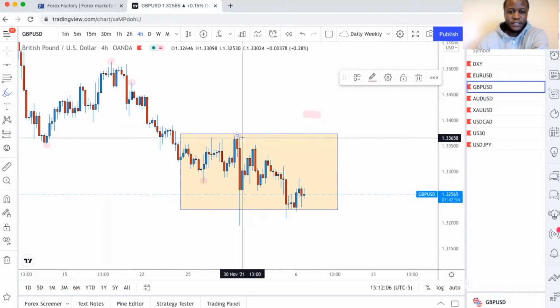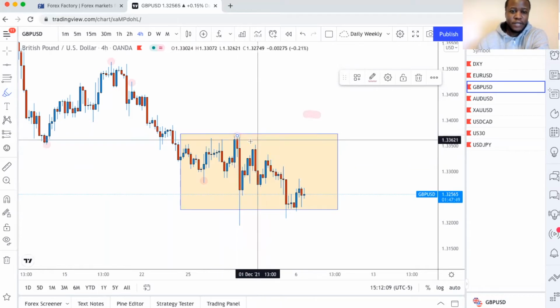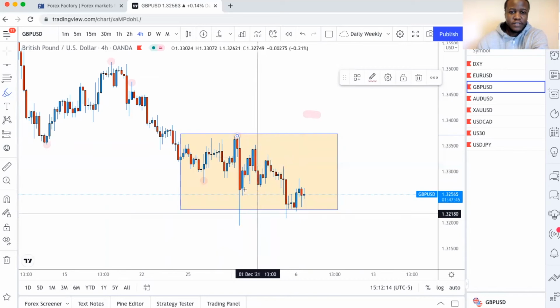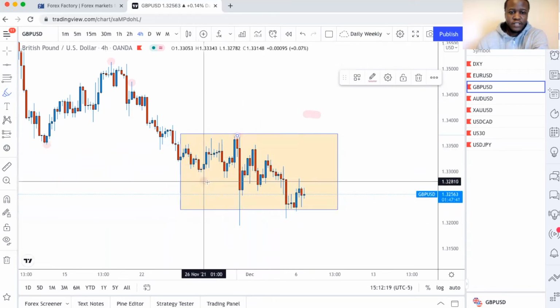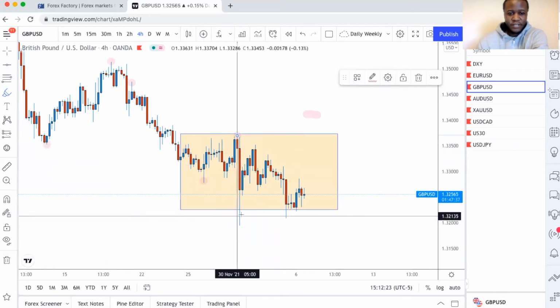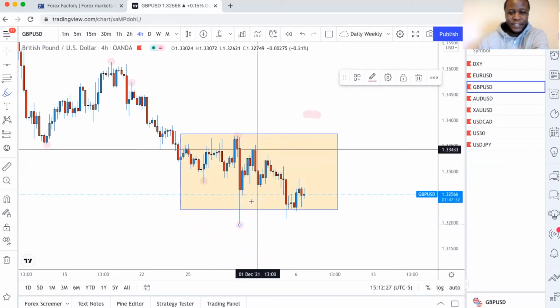So you have to wait for that 3-pin pattern to make a swing low. This takes out this low, so you'd be looking for a swing high to take out the low now.